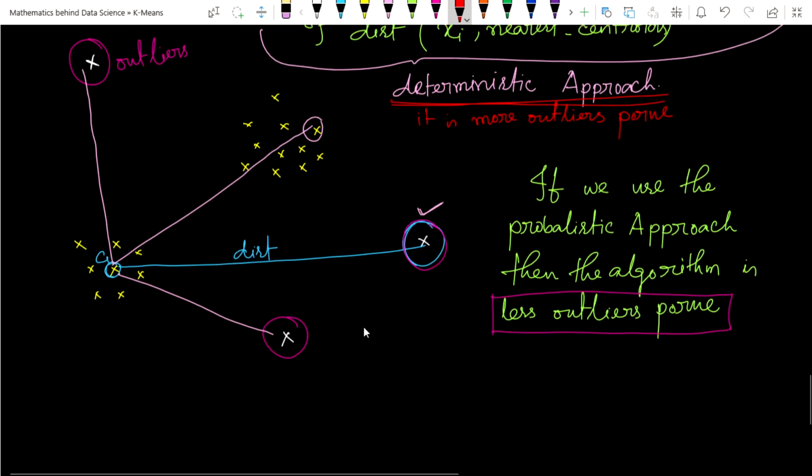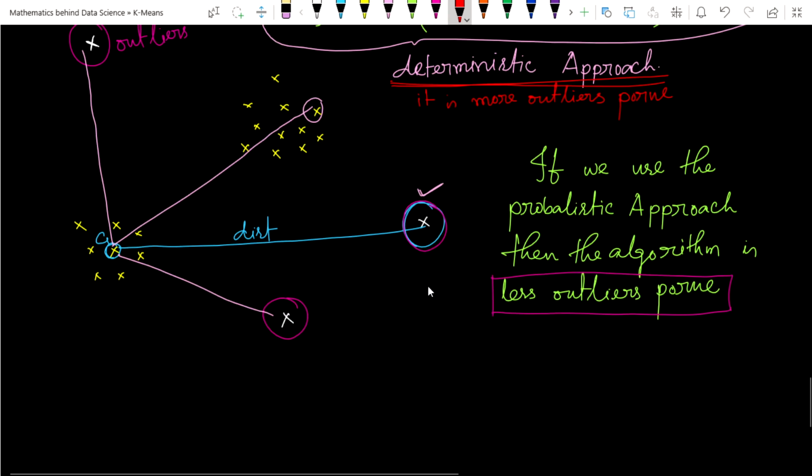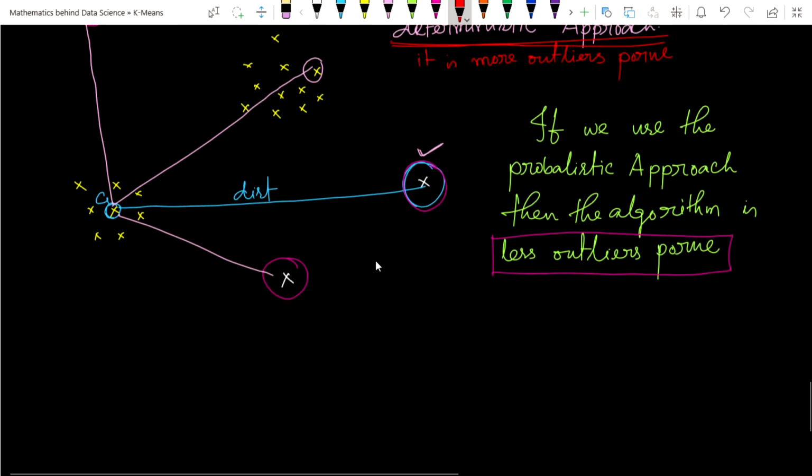To avoid this outlier, to make the algorithm less outlier prone, we will use the probabilistic approach. I think you got the idea.